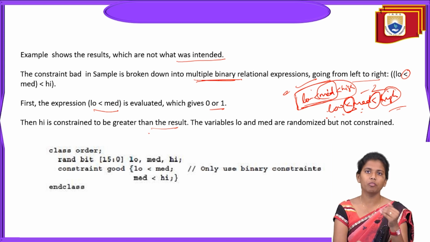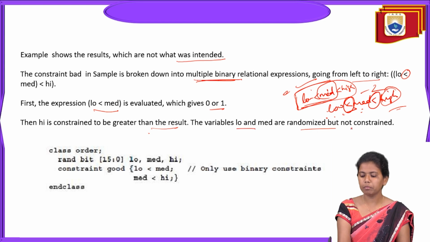That number will be less than high. Then the variables low and medium are randomized but not constrained. So these two are randomized, which means we can give the numbers as per the category, as per the class. For low values, obviously a smaller number will be assigned.